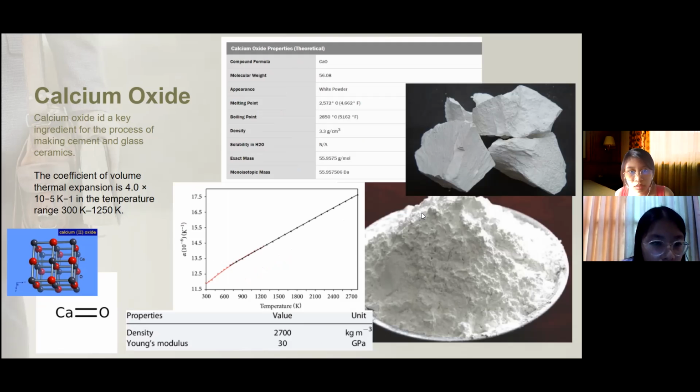The second property is the thermal coefficient of expansion. As we can see, this number here is around 11.5 to 17.5 times 10 to the power of -6. It means that calcium oxide has a very low coefficient of thermal expansion, so it is very hard for them to expand.